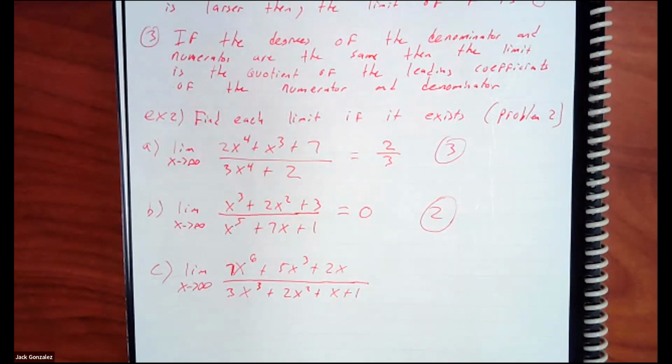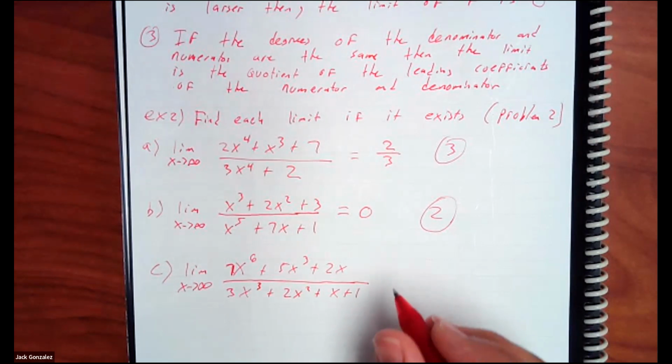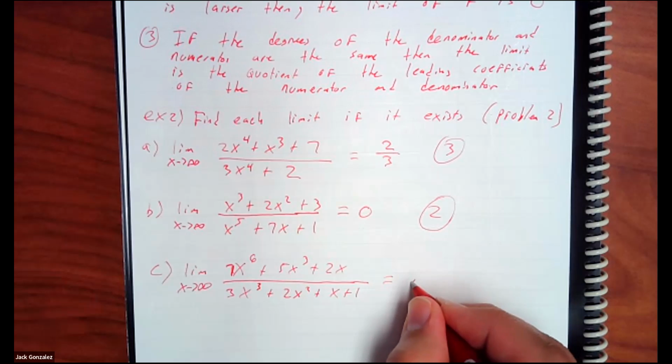Okay, so here the degree on the top is bigger, right? It would be infinite. The bottom can't keep up, so it goes to infinity.